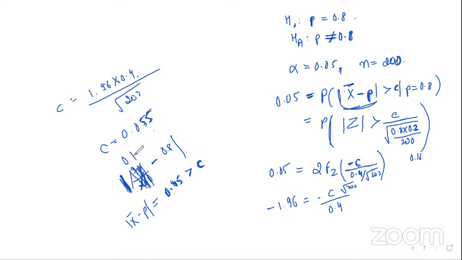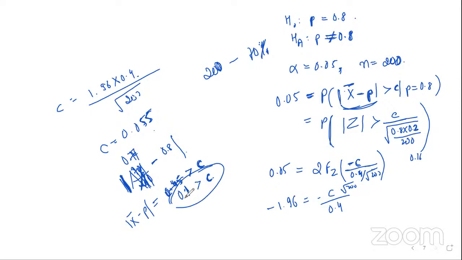This was 0.7, because out of 200, 70% people are 140. So it is going to be 0.1, still greater than c. So we are going to reject H naught.